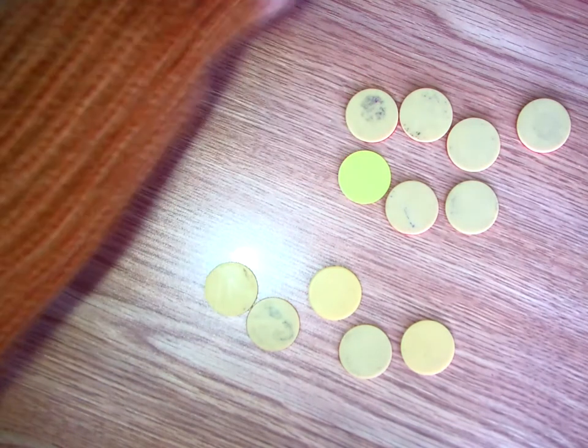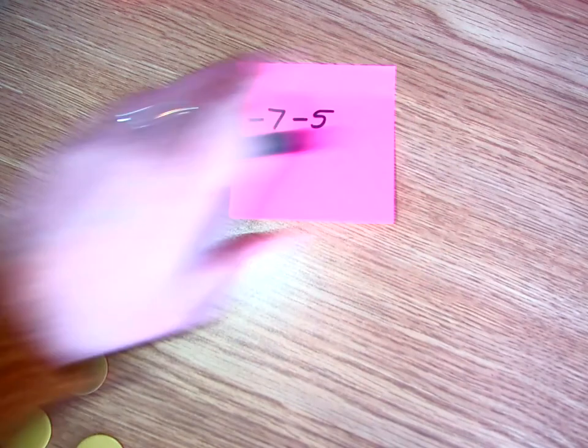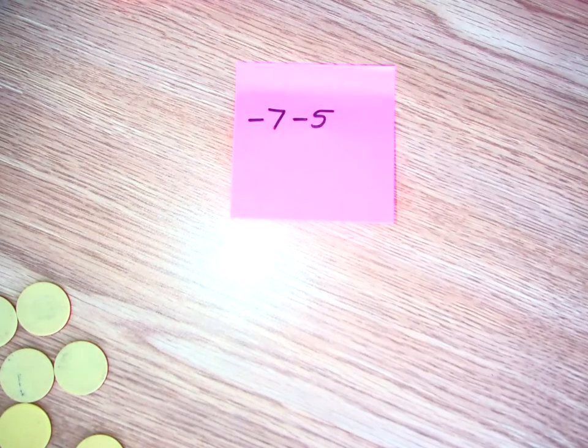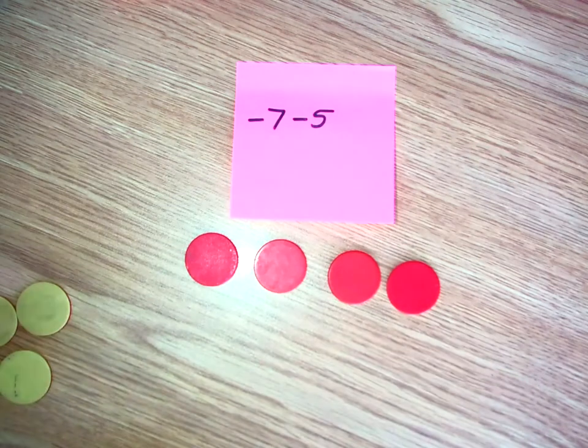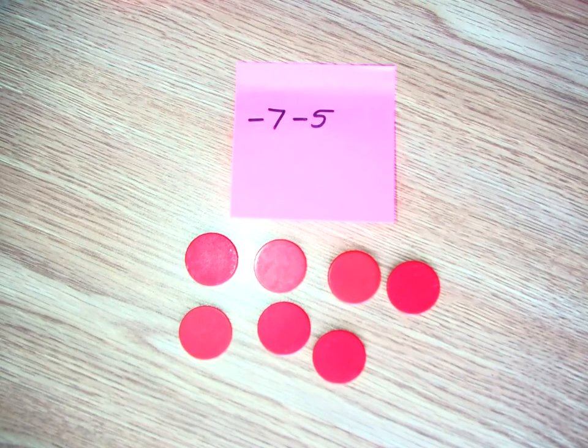Let's try another problem together. I'm working on example 4 from the packet. Negative 7, subtract 5. 2, 4, 6, 7. It wants me to take away 5 yellow. Can't do that.